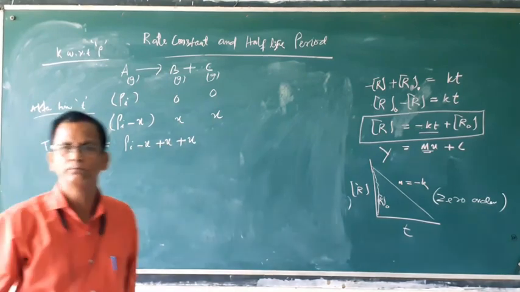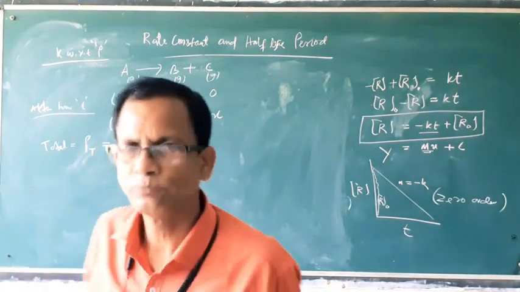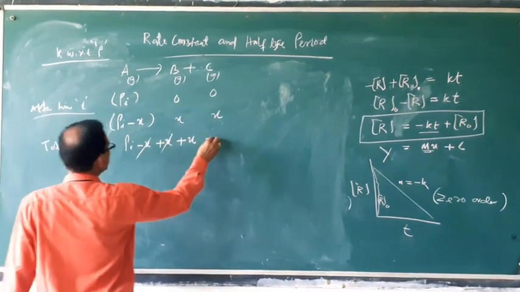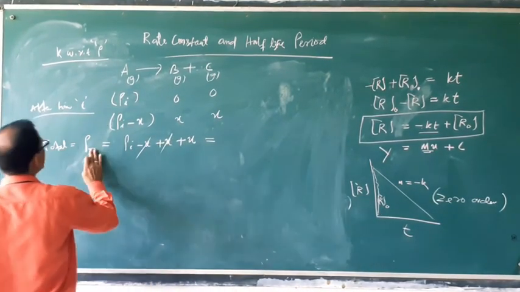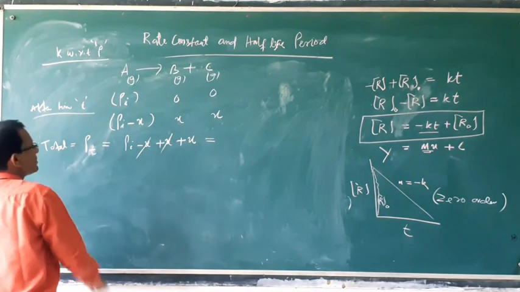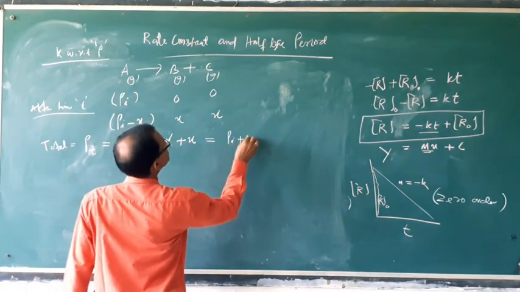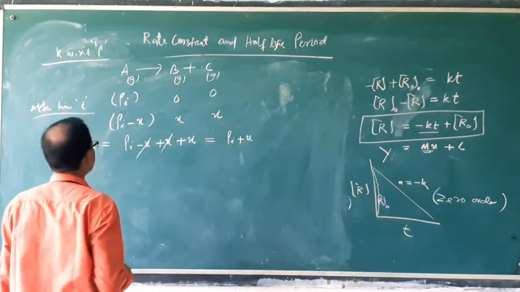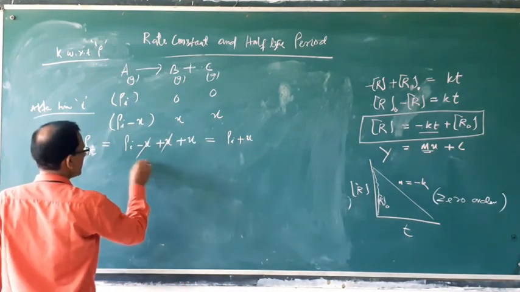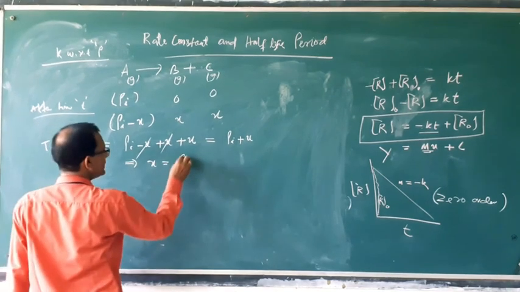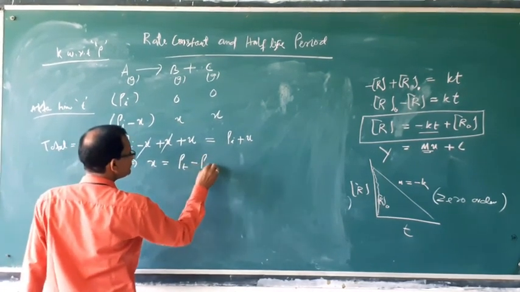All will be combined because all are in a mixture. So total pressure at time t is Pi minus x plus 2x, that means Pi plus x. That means what is the value of x in terms of PT? So x is equal to PT minus Pi.